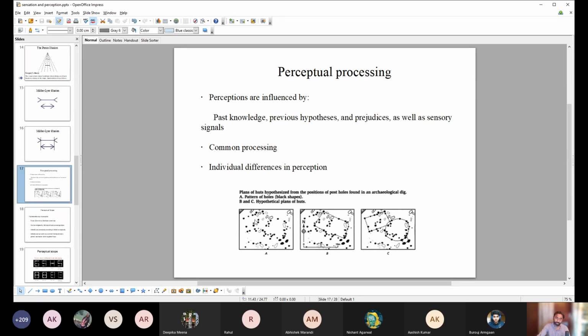All right. There are a couple of other principles which I will explain in the next class. But this is one idea, and see how a problem that actually happens in archaeology tells something about how the mind operates, or how perception operates.